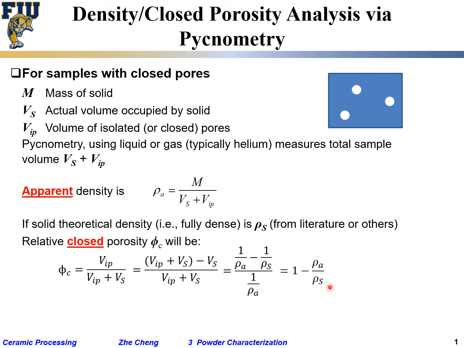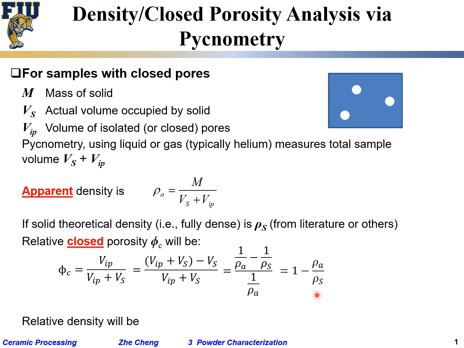real density, theoretical density. So this is the method: by helium pycnometry, we can measure the total sample apparent volume. If we know the sample mass, of course we neglect the mass of the gas in the pores, we get the apparent density, and then if we know the theoretical density, we can calculate the closed porosity in this way.